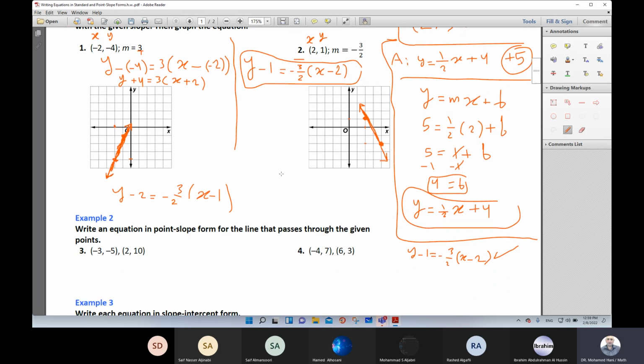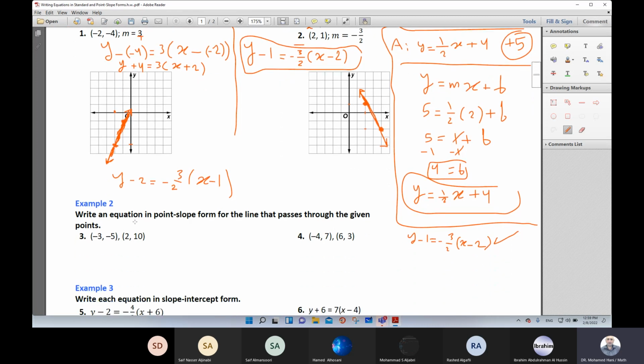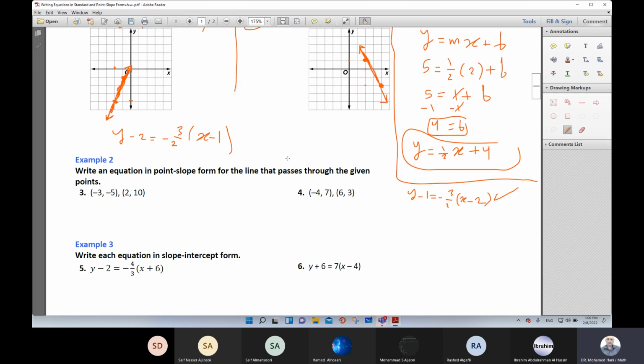Okay, if we have 2 points, how do we write the equation? Whether you use the standard form y equal mx plus b, or y minus y1 equal m, x minus x1, you want to know the value of the slope.